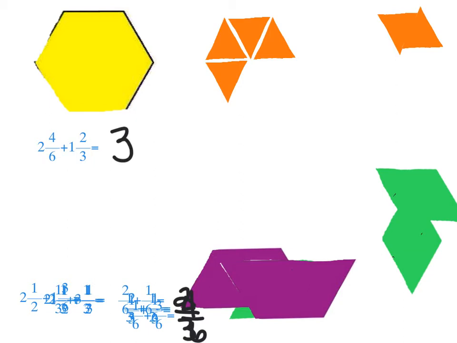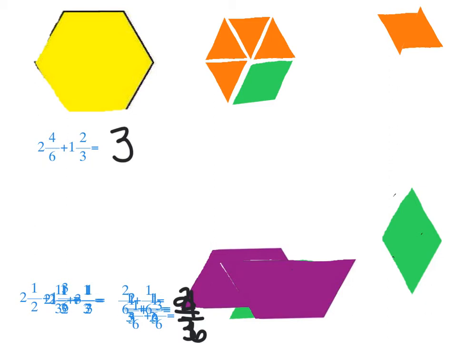Okay, and then we have our 4 sixths, which I just happen to still have there with my triangles. And we're going to add 2/3 to that. So if I add 2/3 to that, that's basically going to be 2 more triangles. So that gives me a whole, doesn't it?